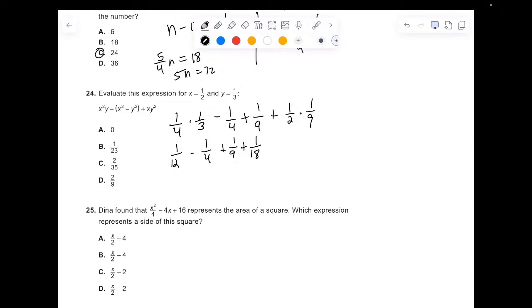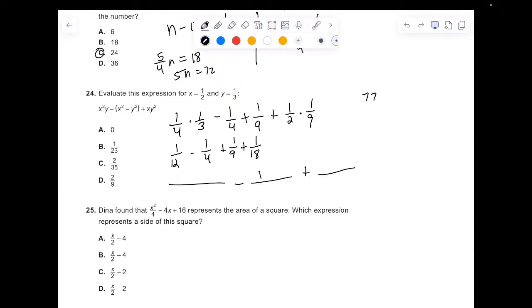12 times 4 times 9 times 18 is going to be a big number. 7776. Okay. And so now we have minus 1 over 7776. This is probably not the best way to do it. Alright, so 7776.